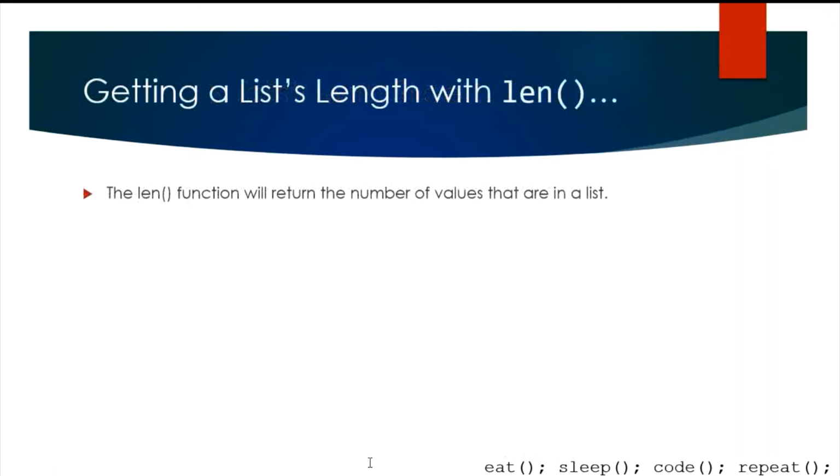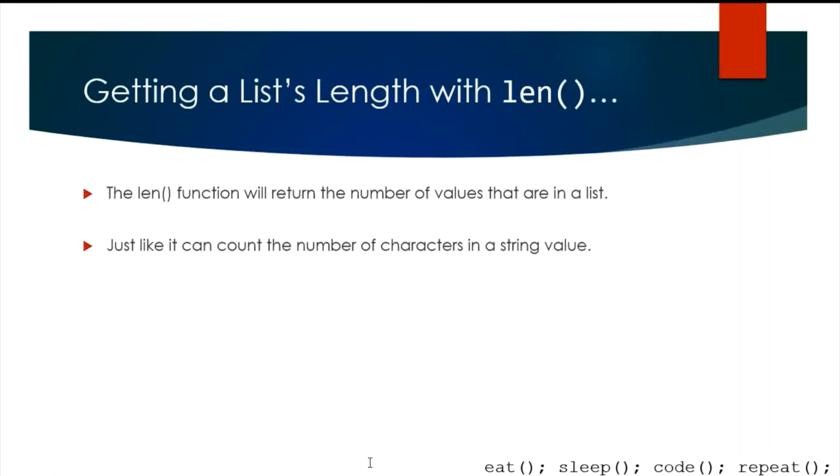Now, getting a list's length with the len function. The len function will return the number of values present in the particular list. Just like it can count the number of characters in a string value, we have used the length function in strings also.